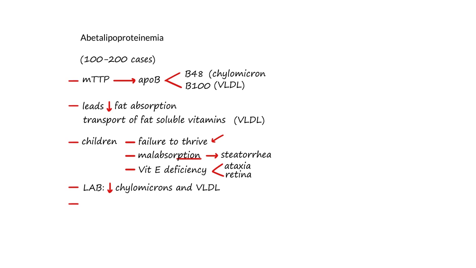If we did a biopsy of the small bowel, we would see that the small bowel lining cells, the enterocytes, would actually be full of lipids because the chylomicrons cannot be released from the cell. And really, there's no great way to treat this. It's going to be mostly a question of manipulating triglycerides in the diet and making sure that the child has adequate levels of vitamin E.